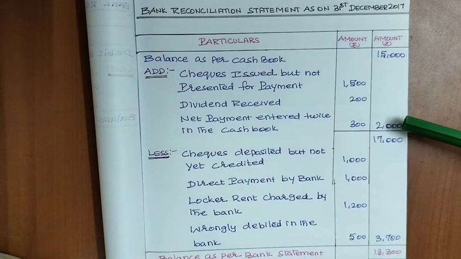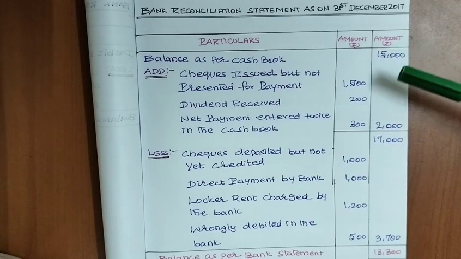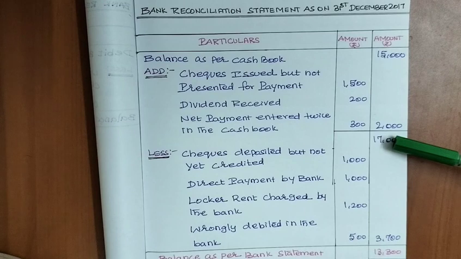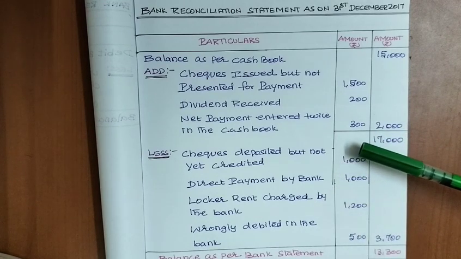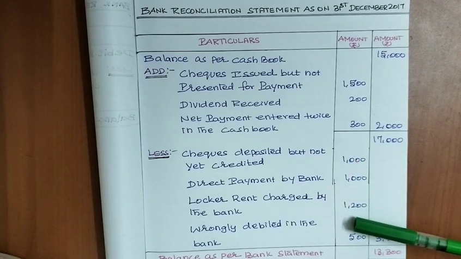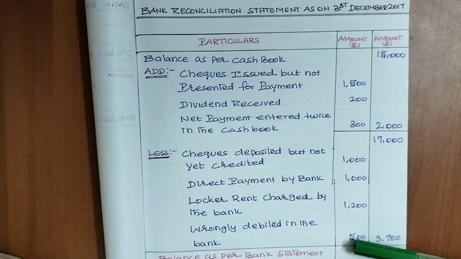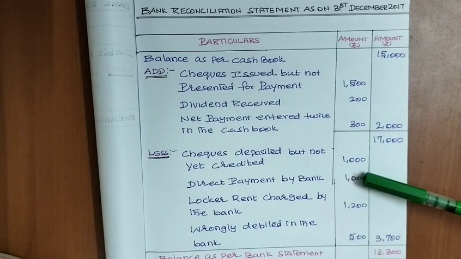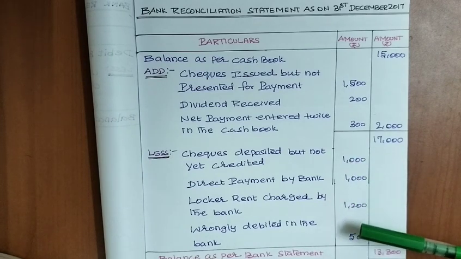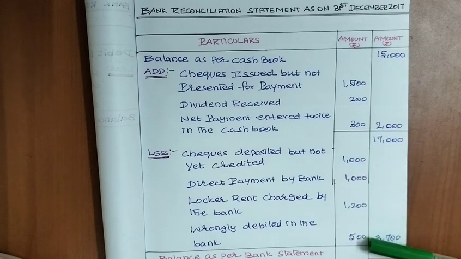Then we add 2000 plus 15,000, we will get 17,000, to be entered in the outer amount column. Then we take the subtracted column. We have to find out the sum of the subtracted column, that is 1000 rupees plus 1000 rupees plus 1200 plus 500, we will get 3700. We have to enter the 3700 in the outer column.